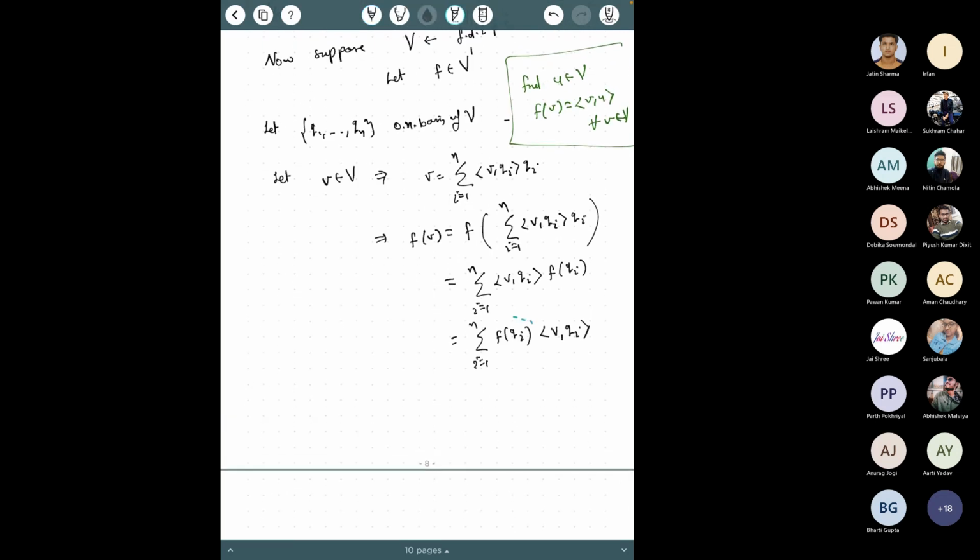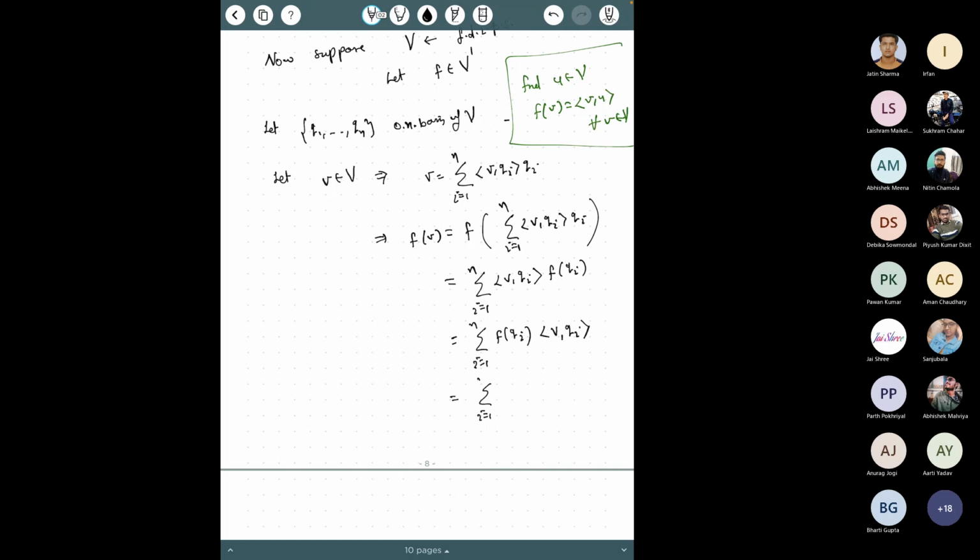Now I want to take this f of qi inside this inner product, because I want to produce a vector u. Keep in mind that this is what we are trying to do: we are trying to produce a u such that f of v is equal to this for all v. Now, can I take this inside?